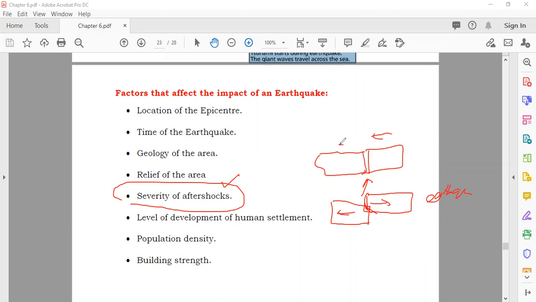Before, they came closer and became like this. When they move slowly away from each other, again an earthquake comes. But that earthquake which comes during the settlement is less than the original earthquake. So this earthquake which comes when they are settling is known as an aftershock.